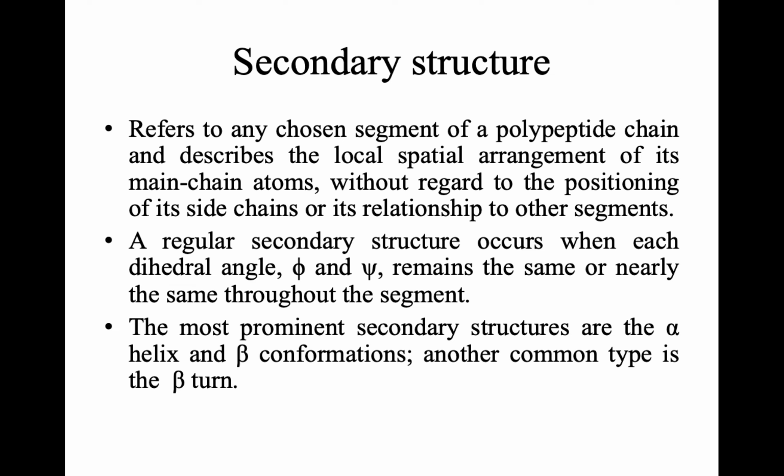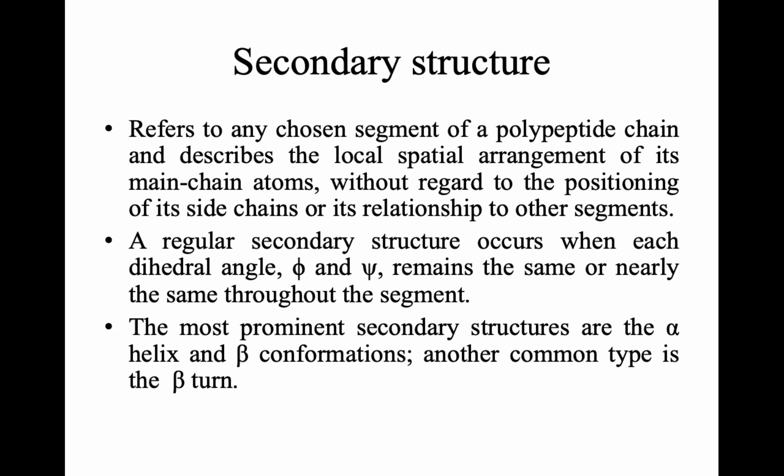One characteristic feature of the secondary structure is that the dihedral angles phi and psi remain the same, or nearly the same, throughout the segment. These are the two angles present in the peptide bond. Phi is the angle between the nitrogen-hydrogen and the alpha carbon atom, whereas psi is the angle between the alpha carbon atom and the carbon atom of the carbonyl group.